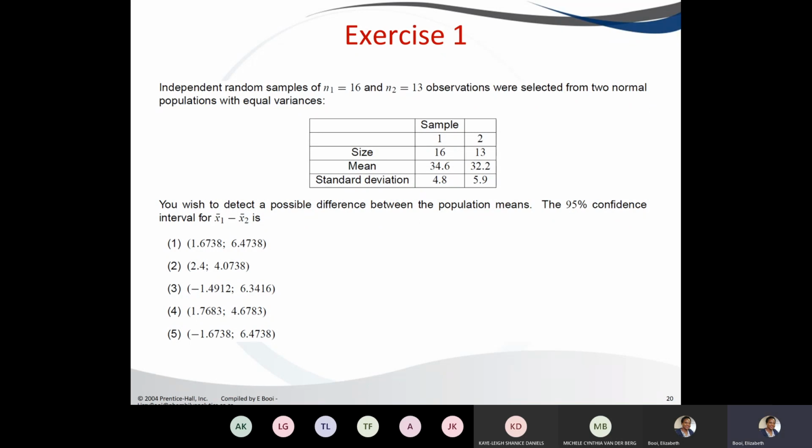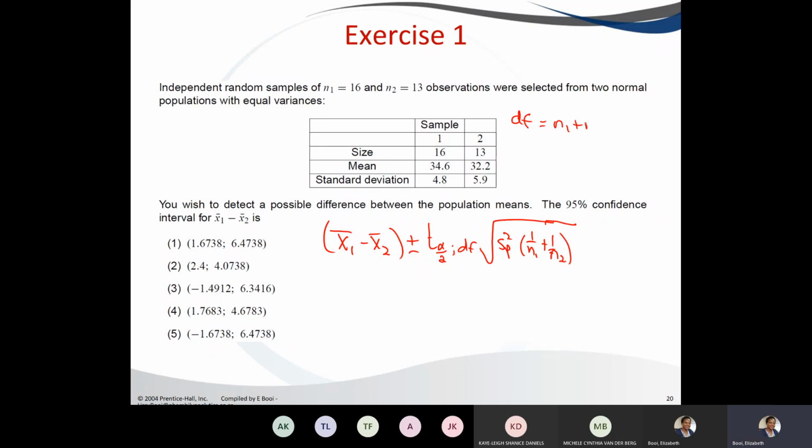So you will need to know the formula: your mean 1 minus mean 2, plus or minus your critical value of T alpha divided by 2 and the degrees of freedom times the standard error, which is the pooled variance, times 1 over N1 plus 1 over N2. And remember, your degrees of freedom is N1 plus N2 minus 2.